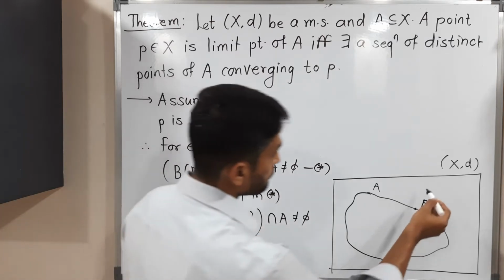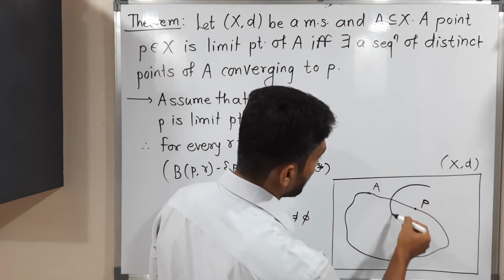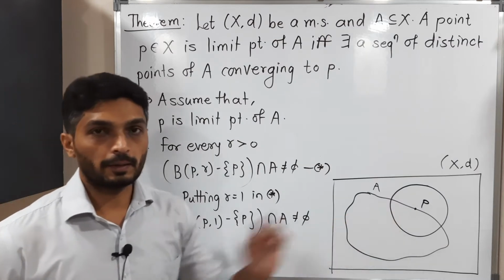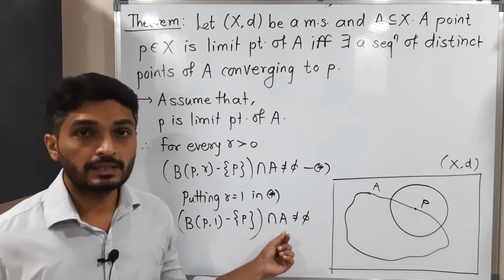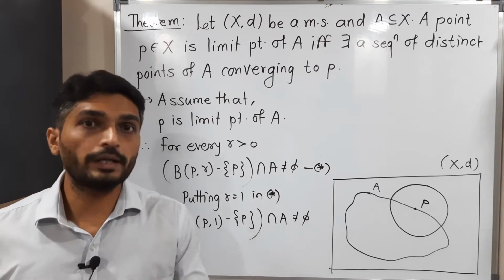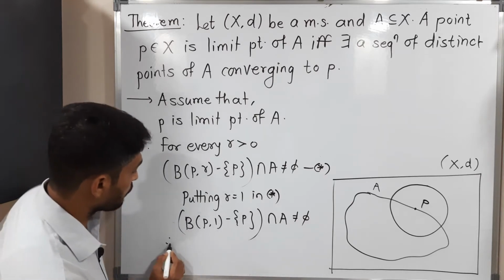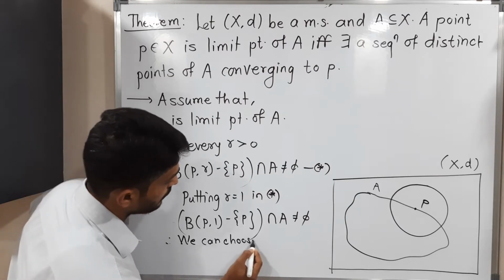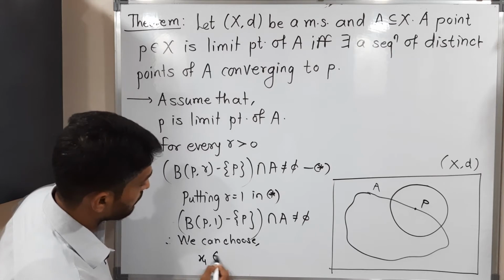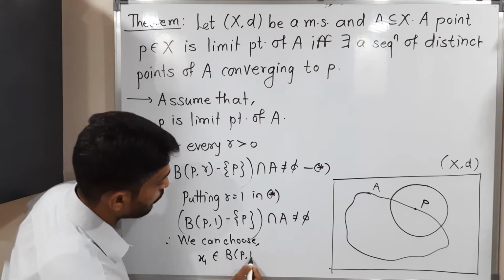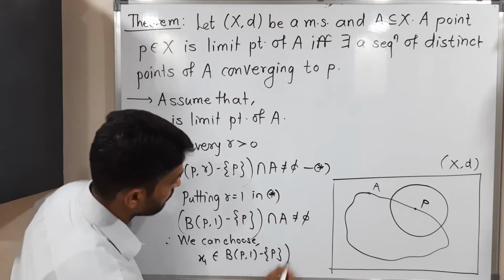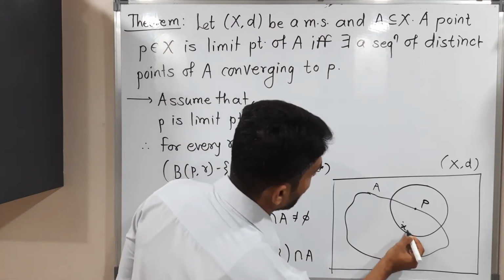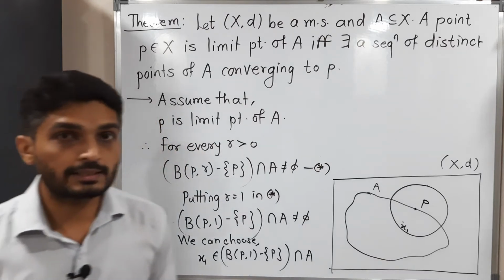That means if you draw a ball around point P with radius 1, that ball minus {P} intersects A. So definitely we can find one point from that set. Therefore, we can choose one point x1 belonging to B(P, 1) minus {P} intersection A. I am selecting one point x1 from this intersection.